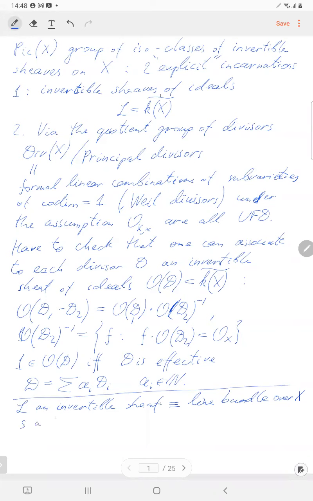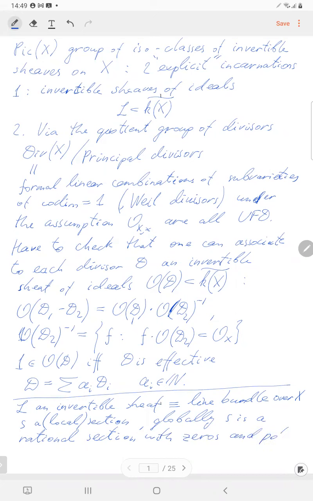As a local section, and then globally S is a rational section with zeros and poles at some divisors Di with multiplicities ai as above.